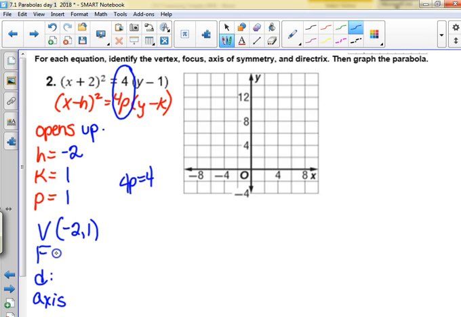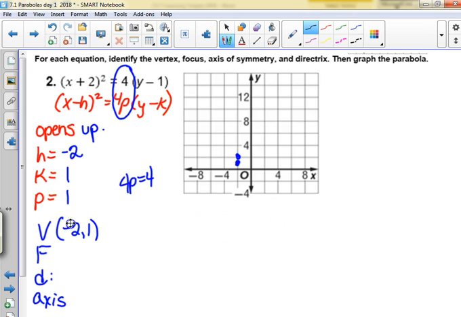All right. The focus, conceptually, is 1 unit inside, right? It's 1 unit inside this. Oh, I hate this graph paper. Negative 2, 1 is here, isn't it? Okay, and it's supposed to be opening up. 1 unit inside of that parabola would be here. Did I do it right?